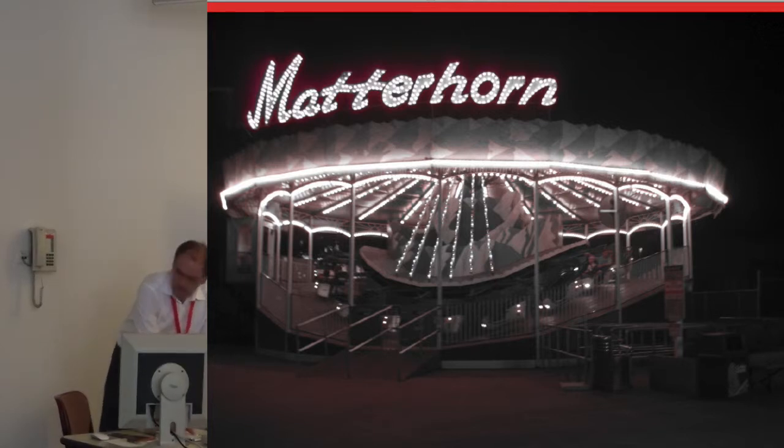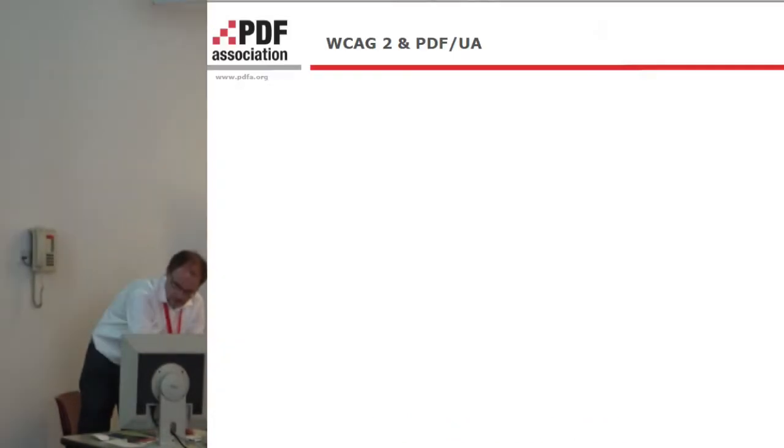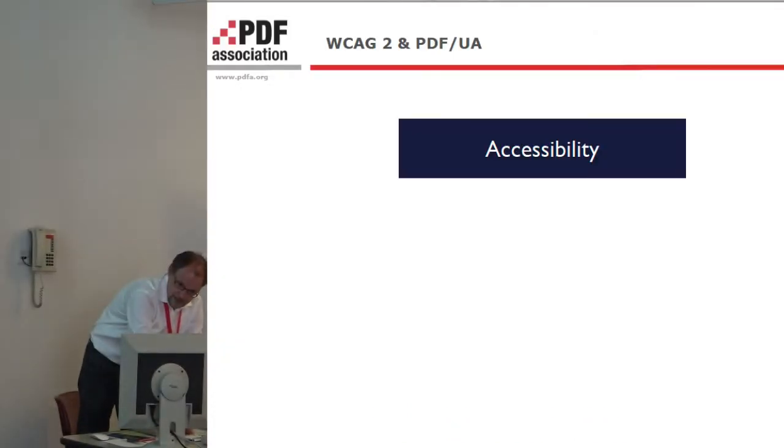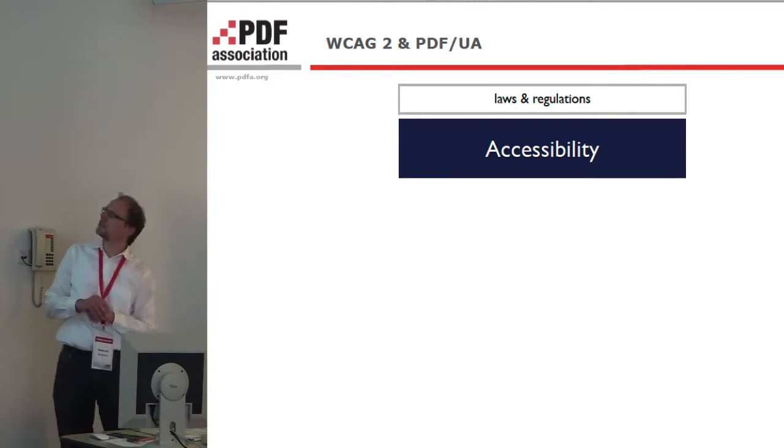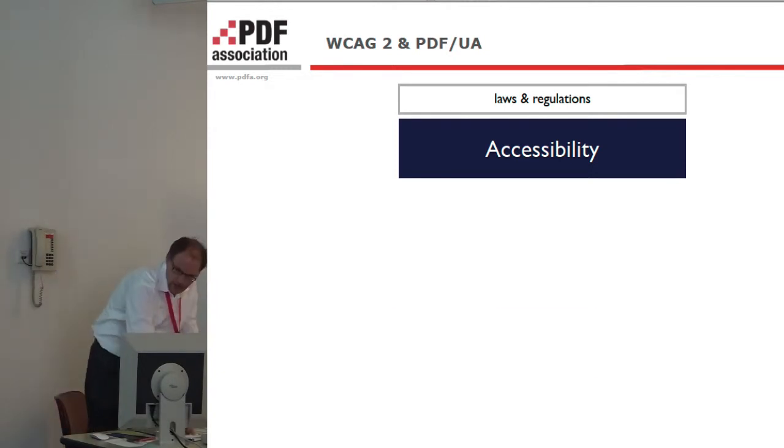First I want to look at the location of the PDF UA standard in the perspective of two other standards.